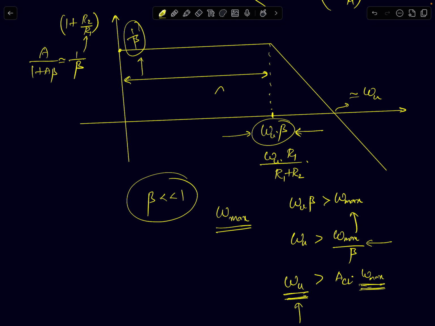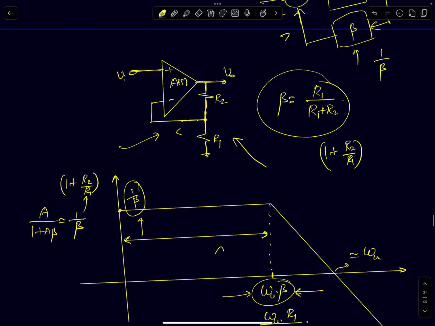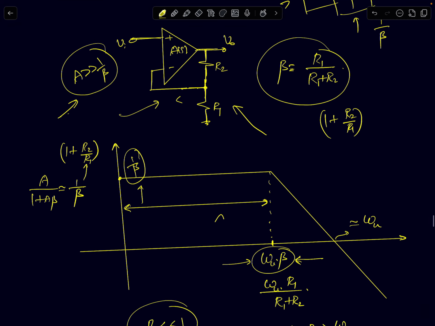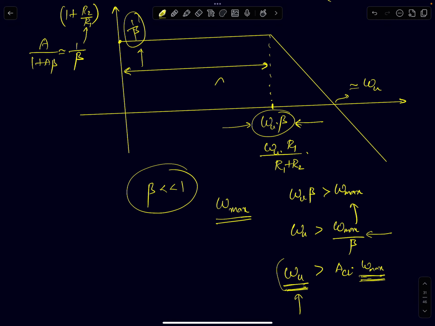Not only DC gain: if this is used in a DC application, for example a weight measurement system, then your DC gain has to be much greater than 1 by beta. If that condition is satisfied, I don't have to worry about UGB. But if it's going to be used in a high frequency circuit or an application where the input signals are changing with time, then the UGB of the op-amp has to meet this condition.